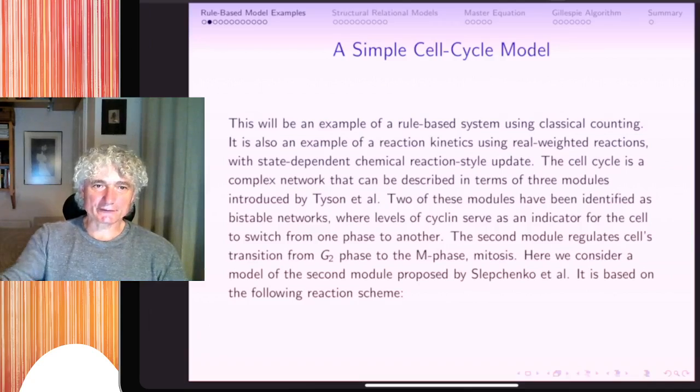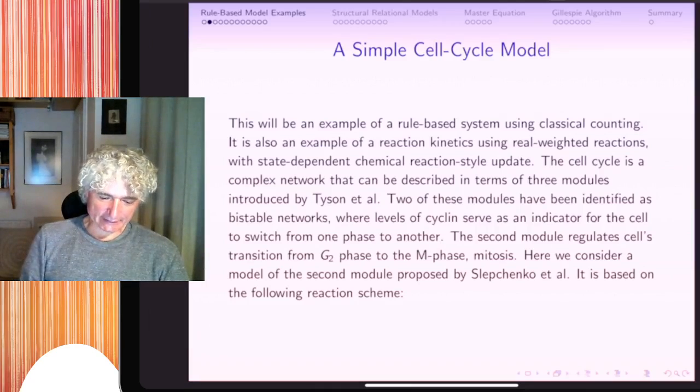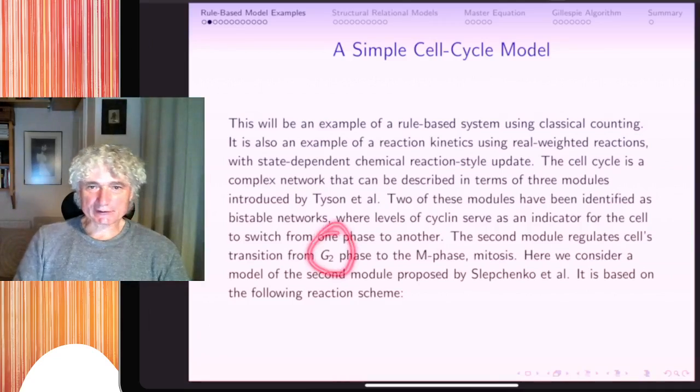So if the concentration of this cyclin is high enough, then this is a signal for the cell to divide. More or less that is the story we need to understand here. The cell cycle has different phases. Here, for example, there is mentioning of the G2 phase and the M phase, which is mitosis.